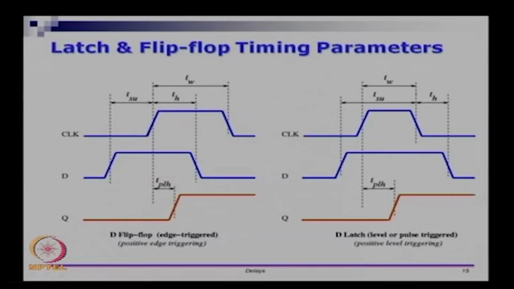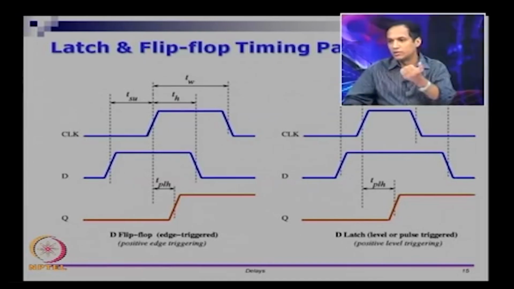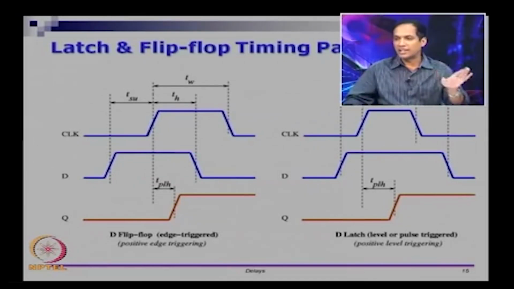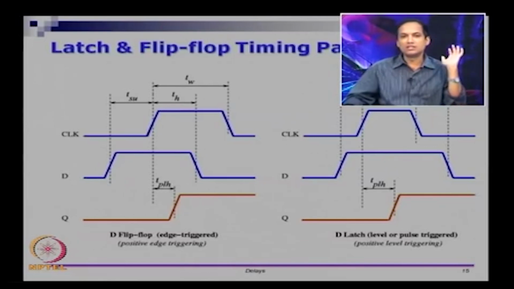transition is when the clock goes up, right, when the clock goes up, already the input must be available, and once the clock becomes 1, again the change in input is not something that is going to be captured.